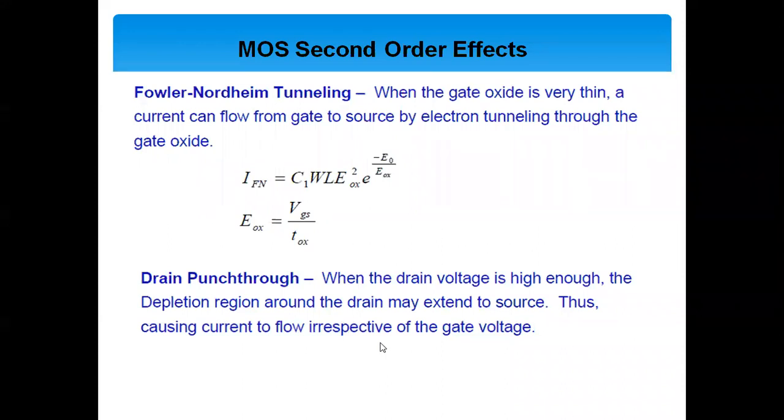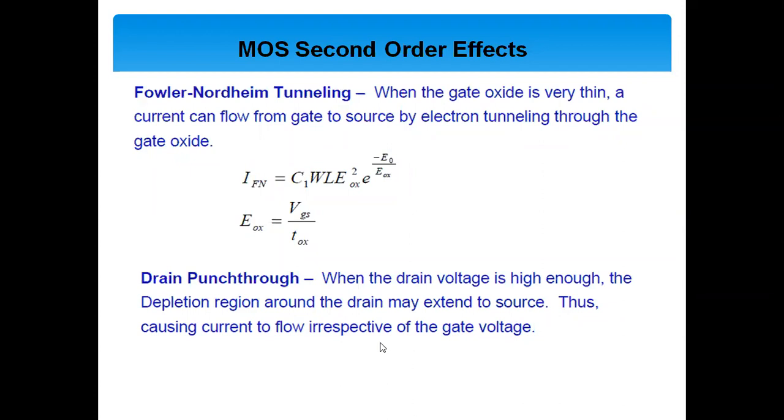That means, in this case, if you haven't applied any gate voltage, the current will still start flowing, a very small amount of current, maybe in microamperes or even nanoamperes, but it will flow irrespective of the gate voltage.